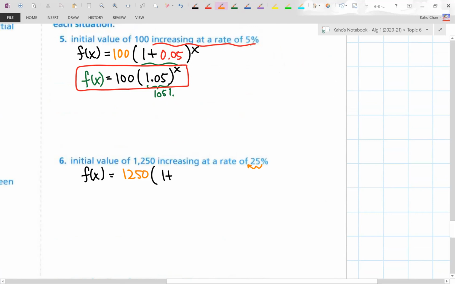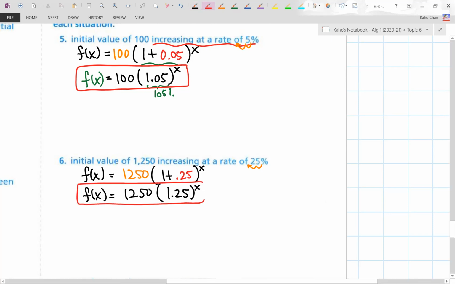Careful there, right? 0.25 to the x power. Rewrite that a little bit better. That could be money, it could be a number of people in the town. But there it is, my exponential growth function. Nice.